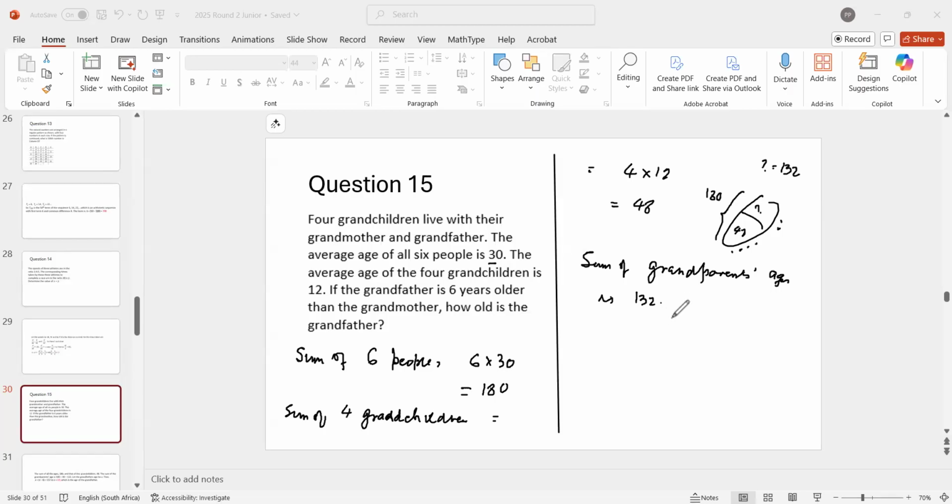Okay, and an easy way of doing this is, you've got two numbers. If their ages were the same, it would be 66. But the ages are 6 years apart. So one will have to be 66 minus 3, and the other will have to be 66 plus 3.